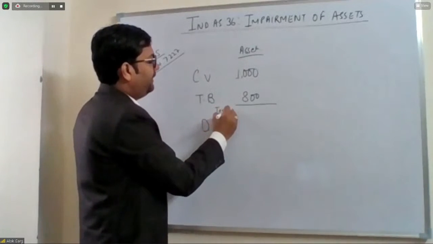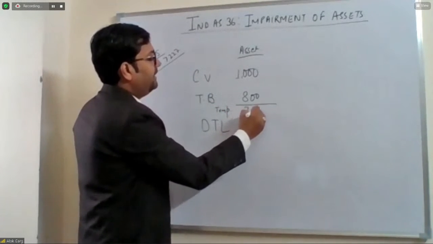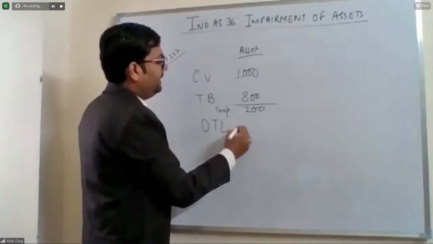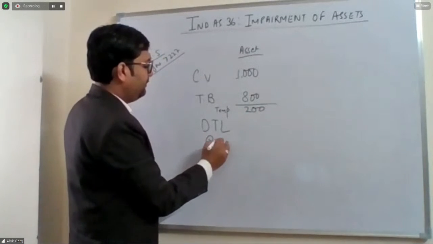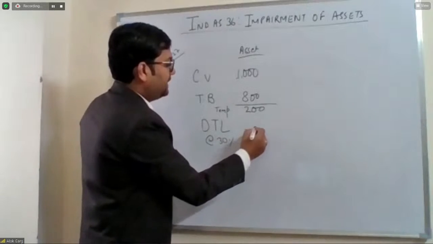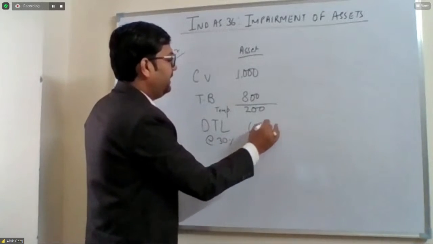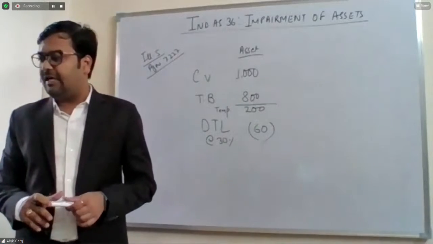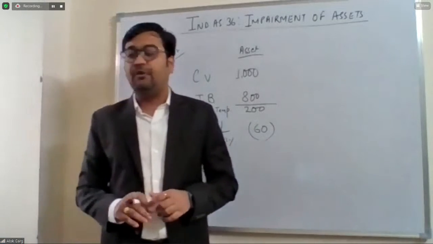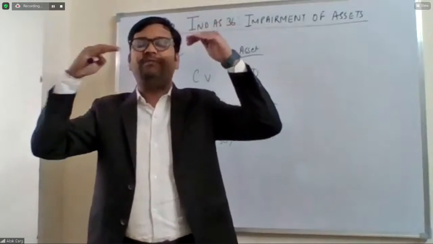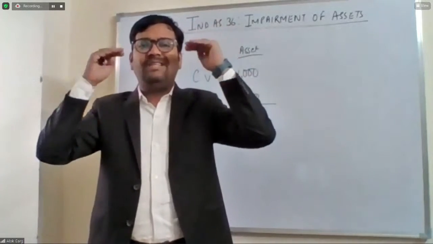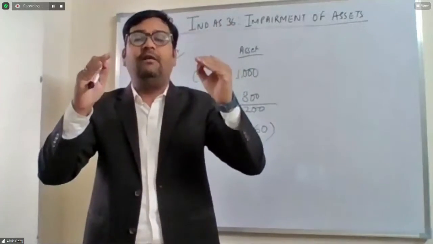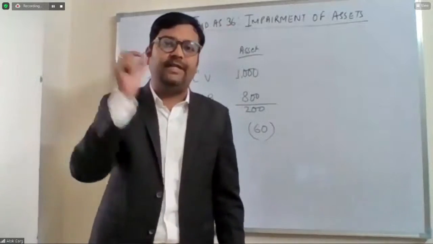The temporary difference is 200, and deferred tax liability will be created at the rate of 30%. So 60 rupees liability will be created. Will you remember this magic trick? This trick will help you quickly determine whether it will be DTA or DTL.